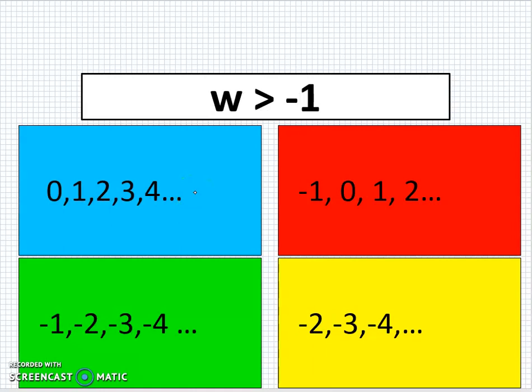So this one here, have a little think about it. X is greater than but not equal to negative 1. Okay, so x is greater than but not equal to negative 1. So we need to look where anything is bigger than negative 1. So it would be the blue one.